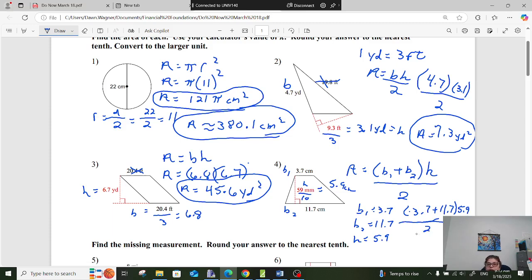So, what is 3.7 plus 11.7? 15.4. And then I'm going to multiply it times 5.9. And then I divide by 2, right? So what is area?